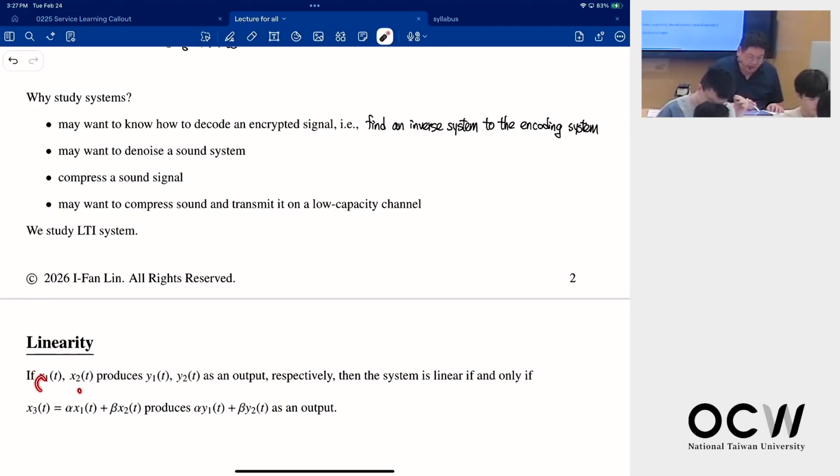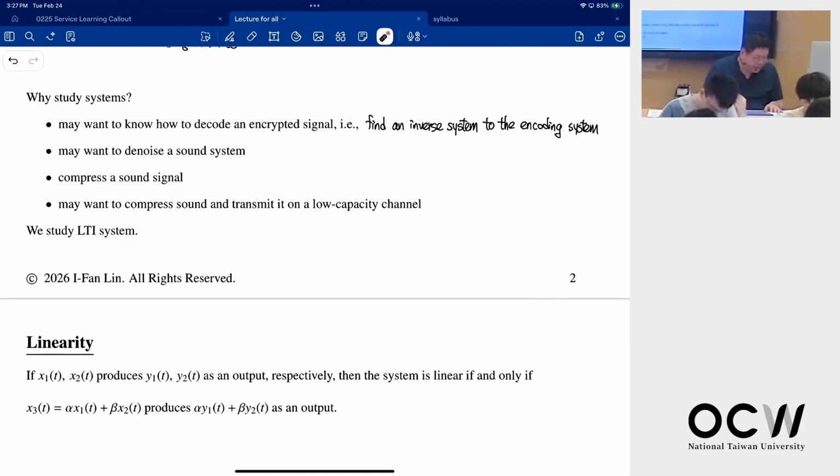Linearity means if I have two signals, x1 and x2, x1 produces y1 as our output, x2's output is y2. Then we say that the system is linear if and only if I have another signal x3 that is a linear combination of x1 and x2, and then its output is also the linear combination of the outputs from x1 and x2. So it's a linear combination of y1 and y2.